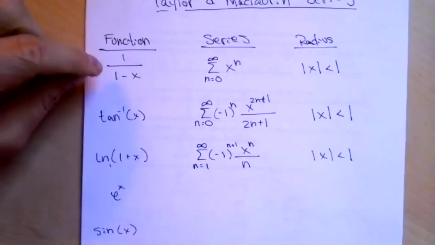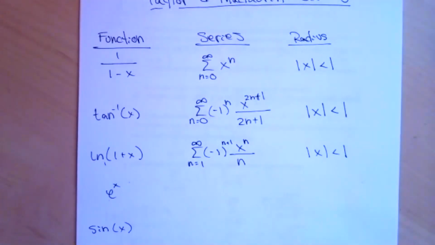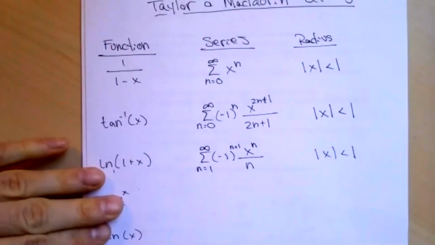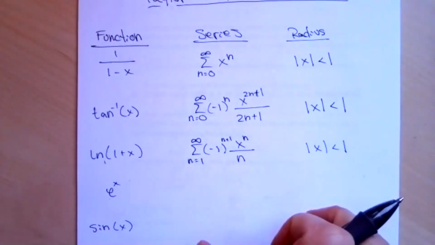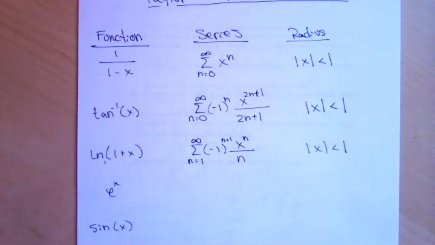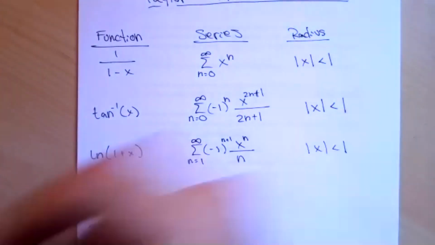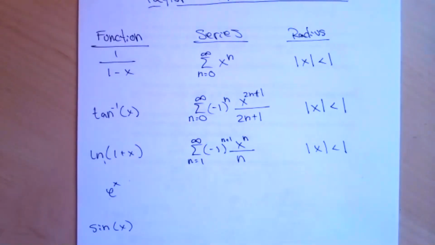These two, of course, we built from our 1 over 1 minus x, but it's nice because these 2 functions are pretty standard functions that we have seen a lot of throughout all of calculus. So having to rederive them if we're trying to work with series isn't necessarily good. So it's kind of good to have our basic standard repertoire of functions and then being able to pull up the series. Definitely recommend you memorizing this, or at least know how to quickly go through those steps and rederive the ones you're not sure of.